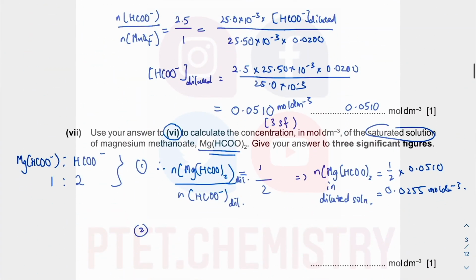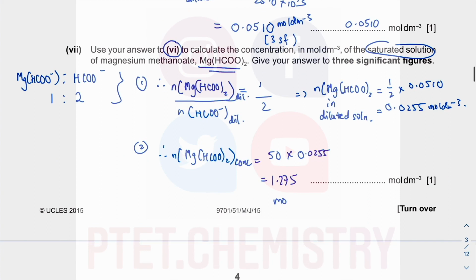All right. So therefore, the mole of the MgHCOO twice concentrated is equal to 50 times the dilute one, which is 50 times 0.0255. I get 1.275. This is mole per dm cube.